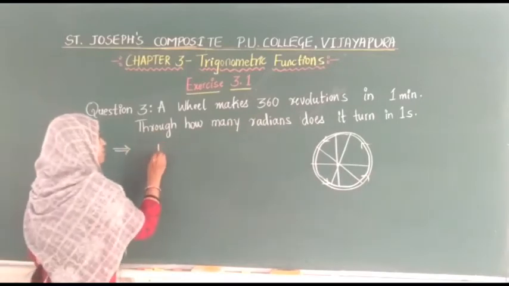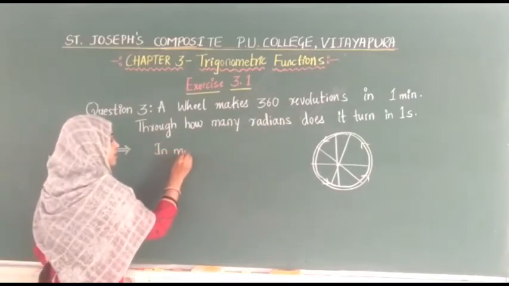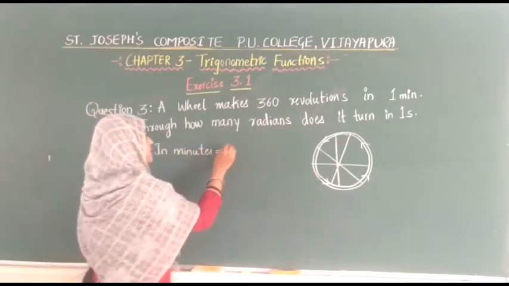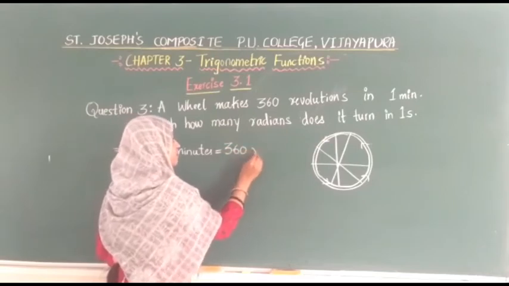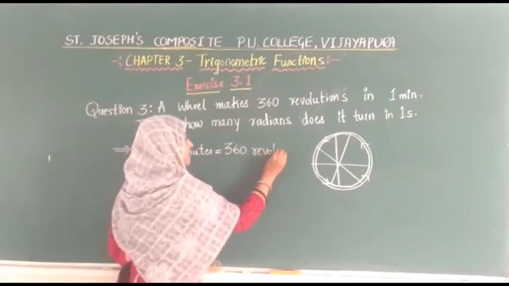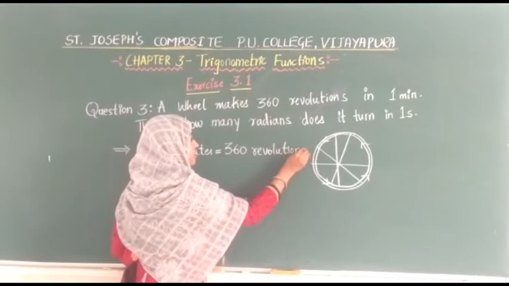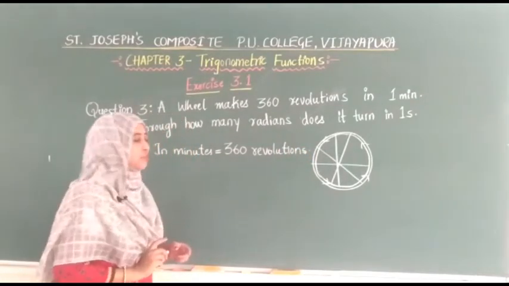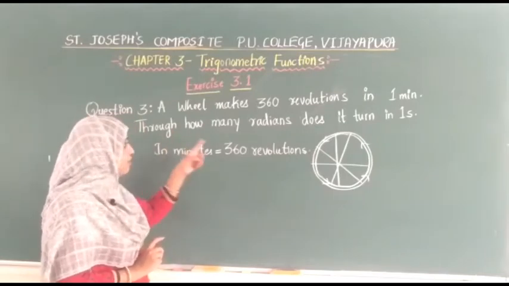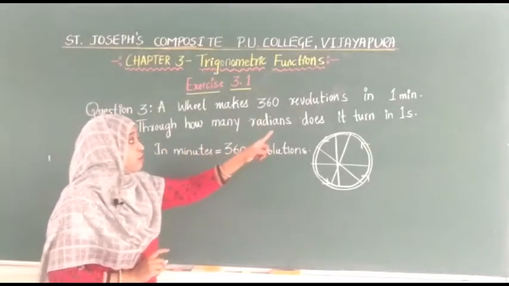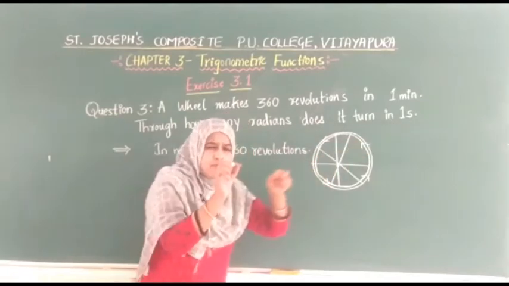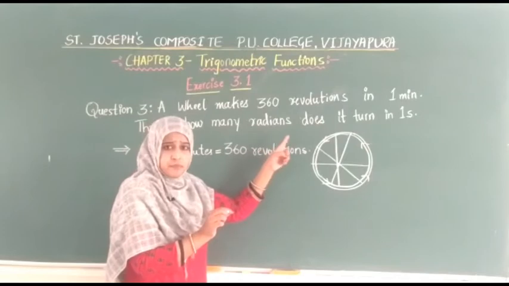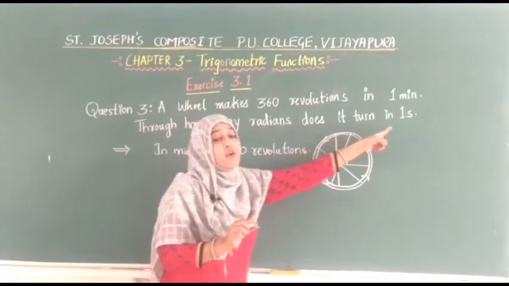In 1 minute, it makes 360 revolutions. And we have to find for 1 second how much it turns. We have to find the angle made by the wheel in 1 second.